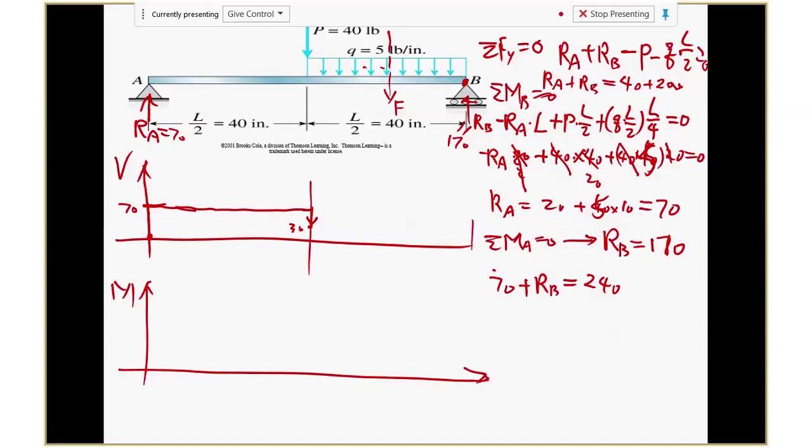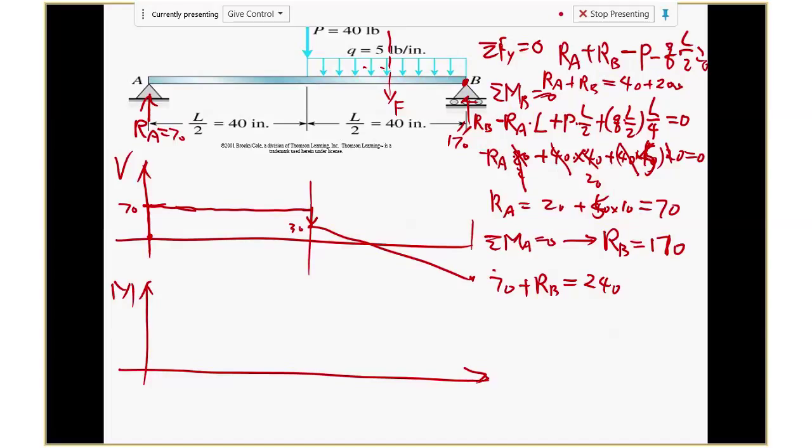Okay. Now next what do I see? You see a distributed load, right? So therefore dV/dx equals Q. Q will be a constant. So you know it's a straight, sloped line. Right? Going downward. So it will be something like this, going down. Now, where is this point? How much are you going down?